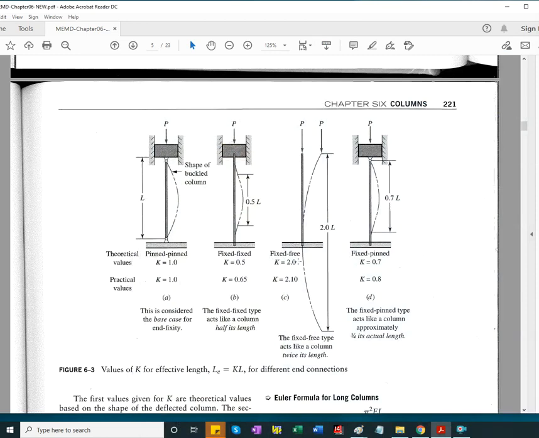If we have a pole that's encastrated, so the bottom end condition is the same as number B, and the force can stay vertical but move with the end of the support, then we have an end fixity coefficient of 2, or practical value 2.1.